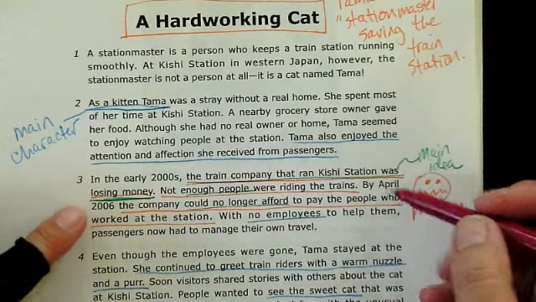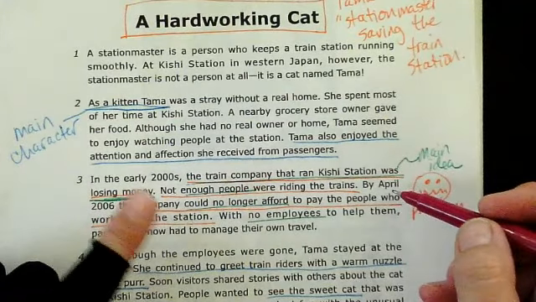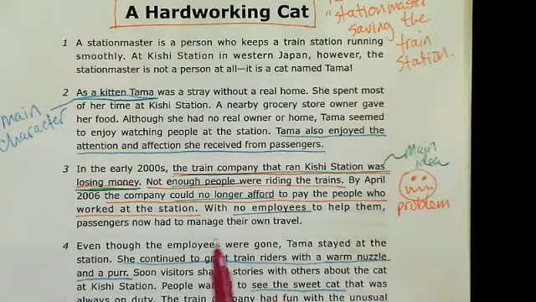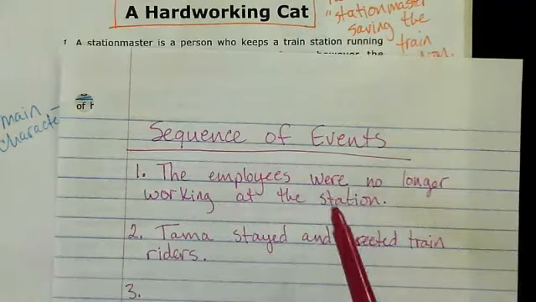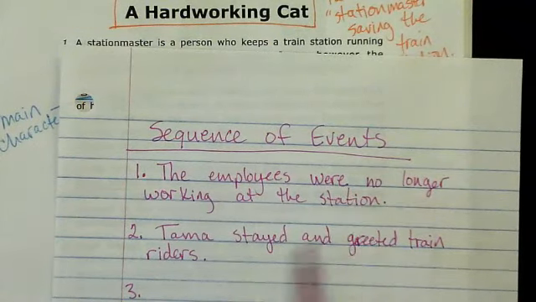In the early 2000s, the train company that ran Kishi Station was losing money. This is the paragraph where they were talking about the employees having to leave. I know that because it's a problem. It says the company can no longer afford to pay the people who worked at the station. With no employees to help them, passengers now had to manage their own travel. Okay, so the employees are no longer working at the station. I'm at the beginning of where the sequence of events happens.